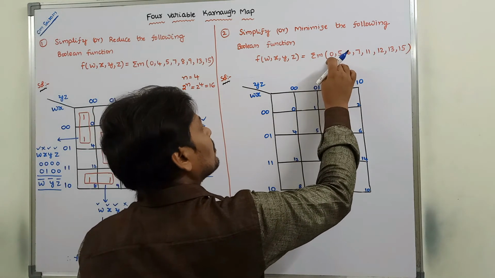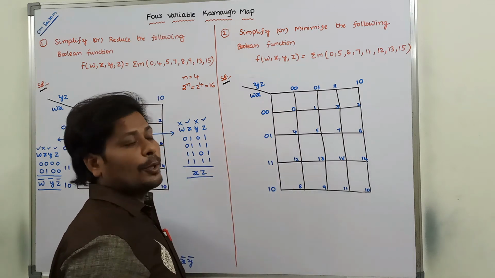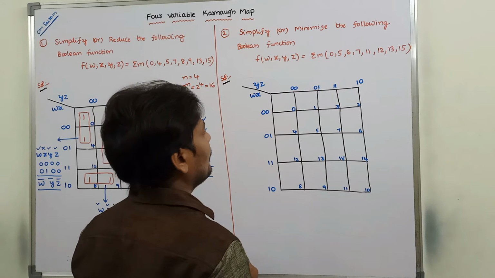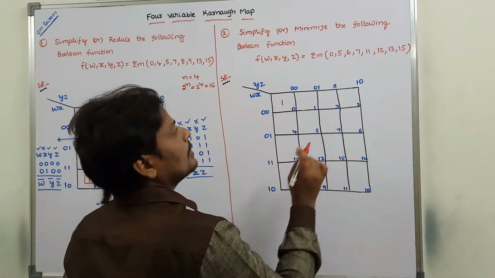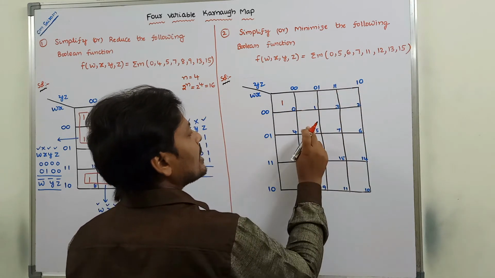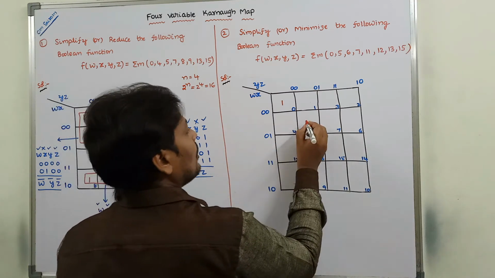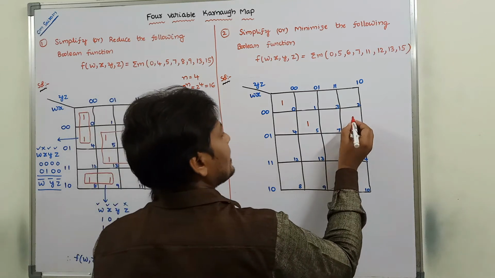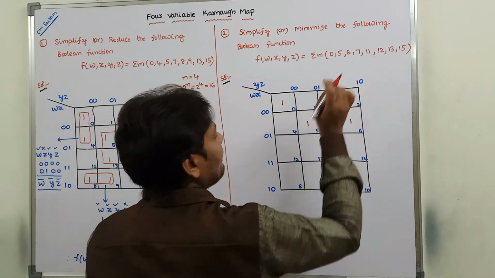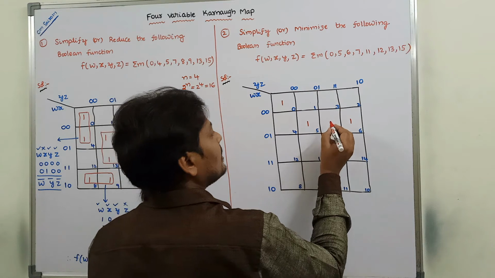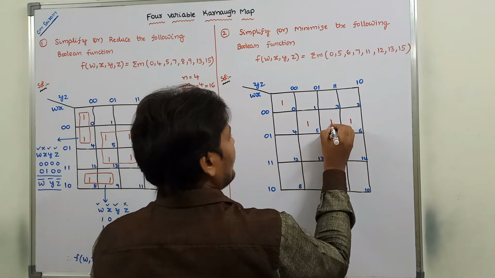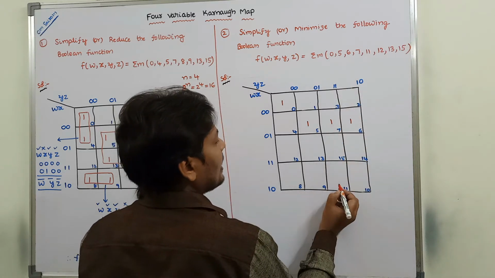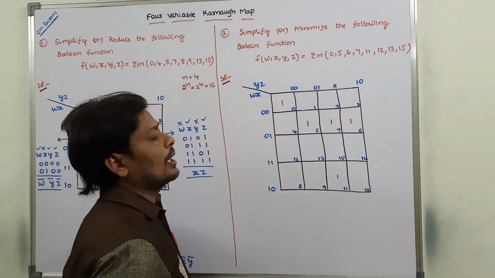The 0 min term, the corresponding cell is cell 0, we insert 1. Fifth min term, cell 5, we insert 1. Sixth min term, cell 6, we insert 1. Seventh min term, cell 7, we insert 1. 11th min term, cell 11, we insert 1.